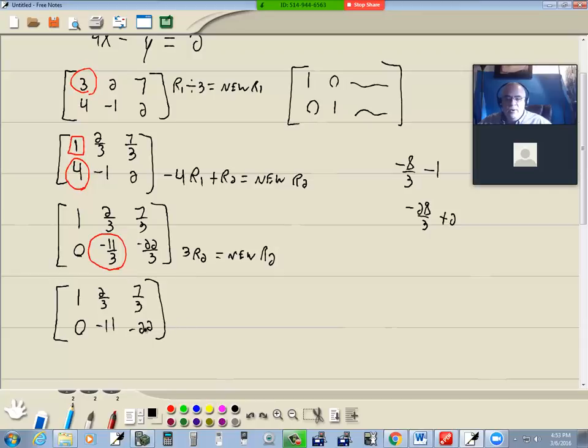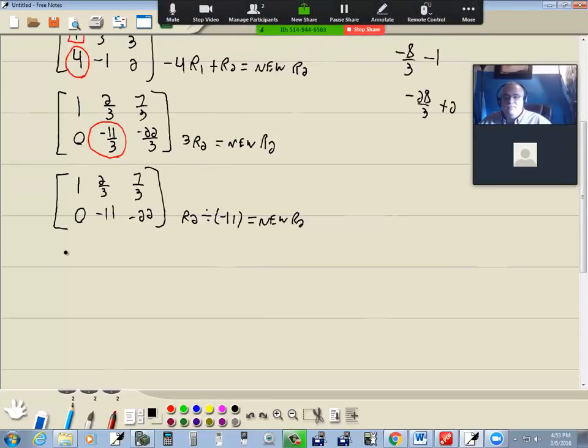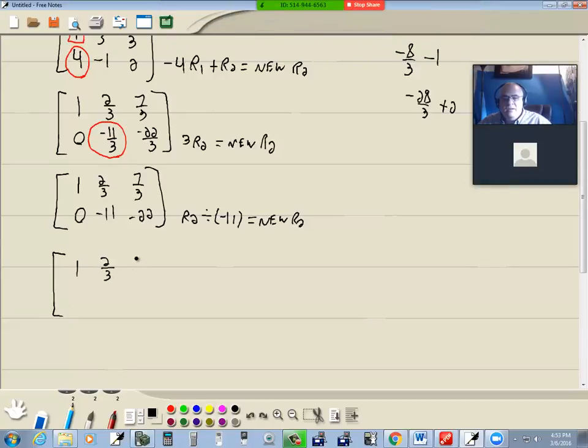Then we can divide everything in a row by something, so we take row 2 divided by -11 to give us our new row 2. So we got 1, 2/3, 7/3. 0 divided by -11 is 0, -11 divided by -11 is 1, -22 divided by -11 is 2.